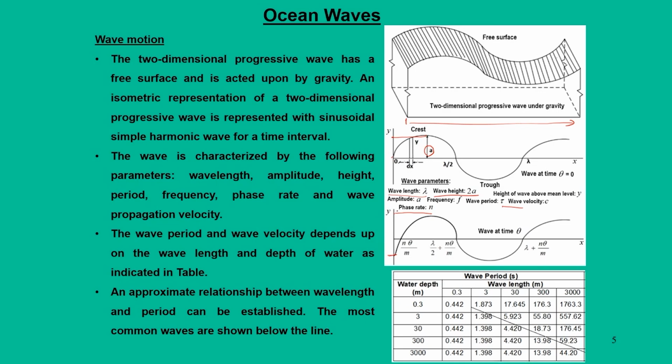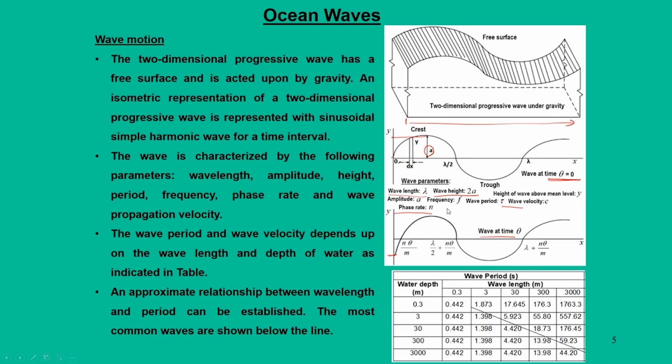So, that way the waves are characterized, and this is the wave at maybe time t, theta equal to 0, but at different times the waves may take a different phase. So, those are the significant ways we characterize this wave.